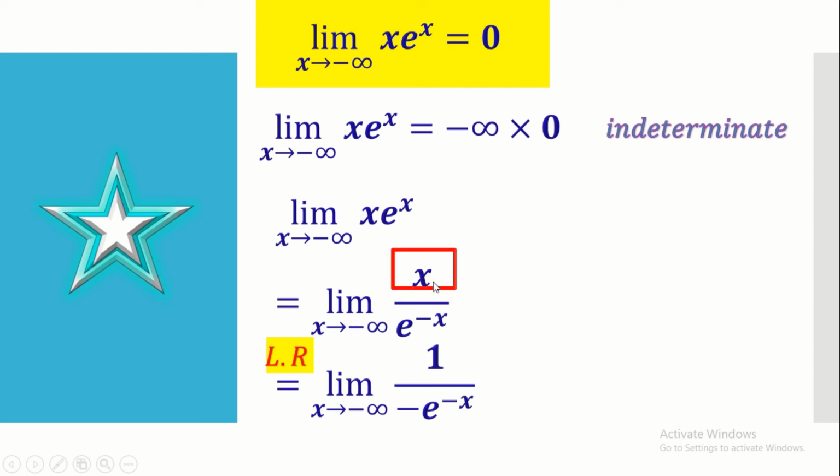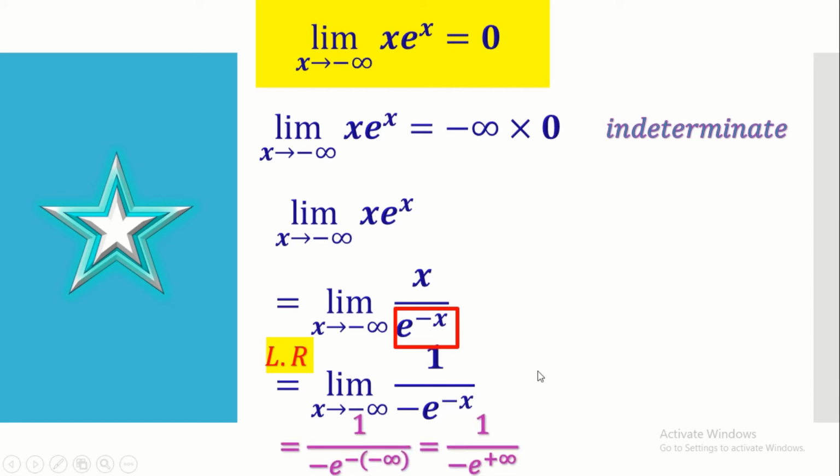Here we can use L'Hopital rule since we have a fraction. The derivative of the numerator x is 1, over the derivative of exponential minus x, which is minus exponential minus x. If you know something, the derivative of exponential x is exponential x, while the derivative of exponential u is u prime times exponential u. U prime, the derivative of minus x, is minus 1. Now we can write it as 1 over minus exponential minus x, which is minus infinity.